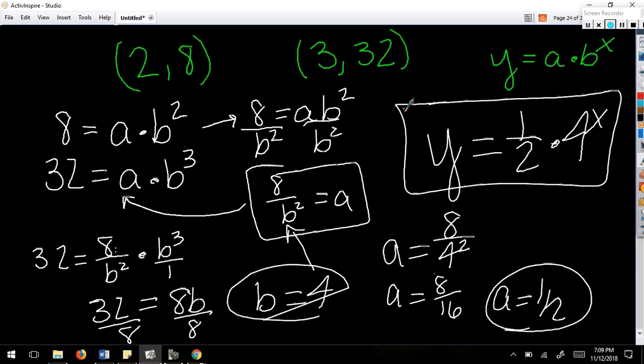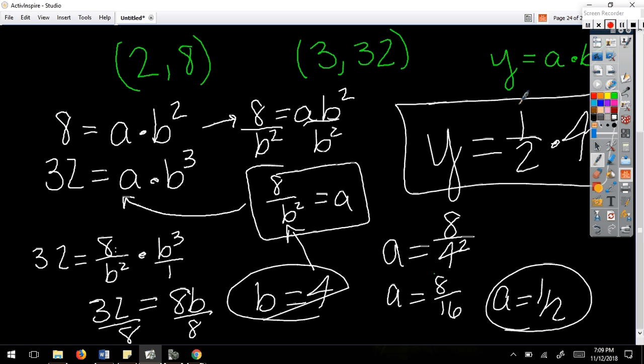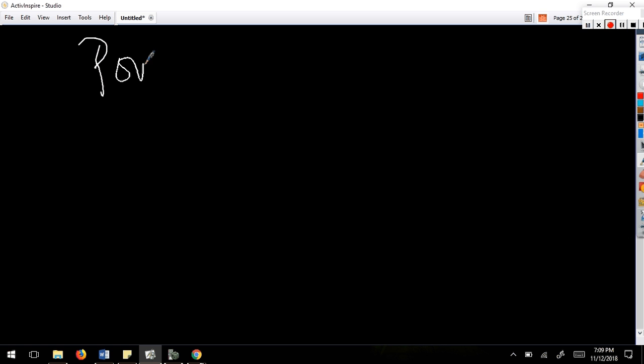Okay? All right, let's talk for just a minute about power functions, because these were exponential functions, meaning x's in the exponent, but we also have power functions.